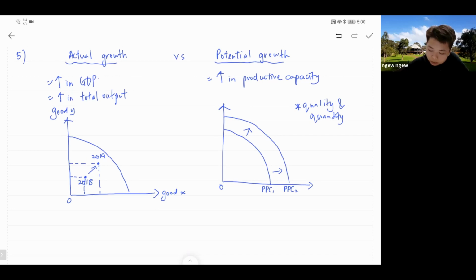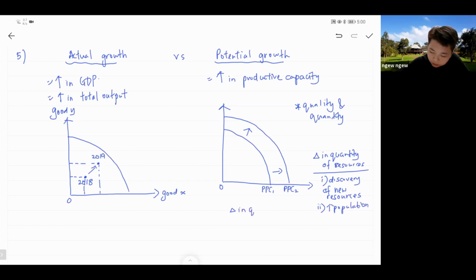So maybe if there is a change in the quantity of resources, maybe you have discovered more resources, maybe you have a rising population. And a change in the quality of resources can happen when you educate and train your workers.